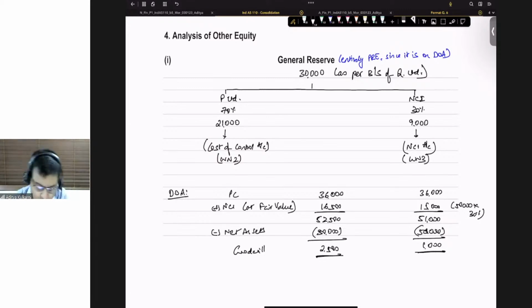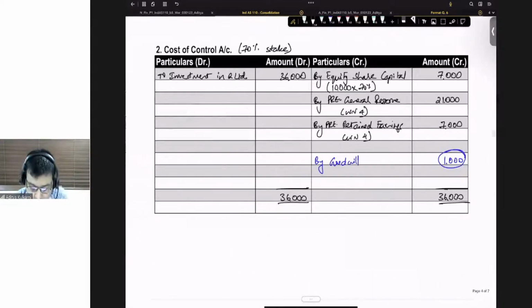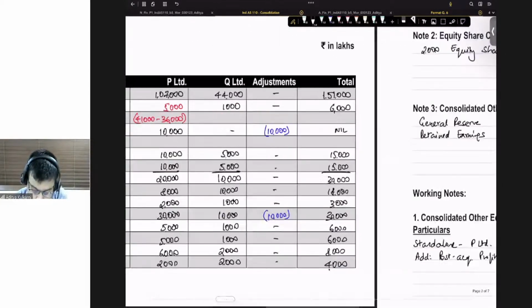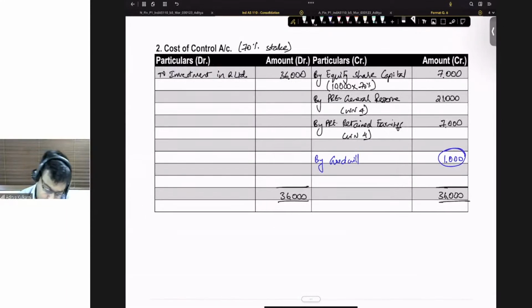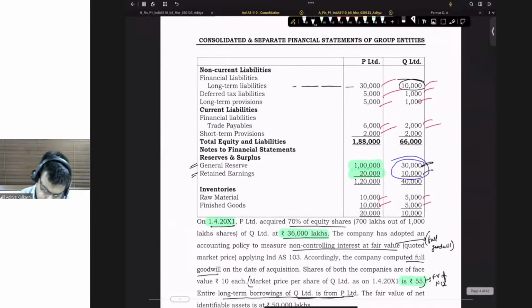Okay. See why we did not consider that 50,000. And even then we got the right answer. Without considering that 50,000, we got the right answer. Sir, how is that possible? Very simple.